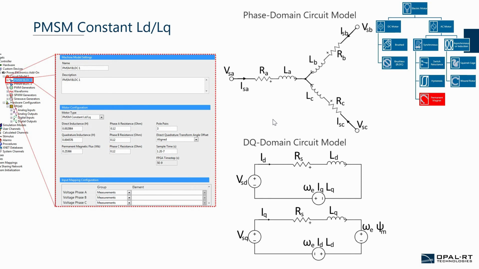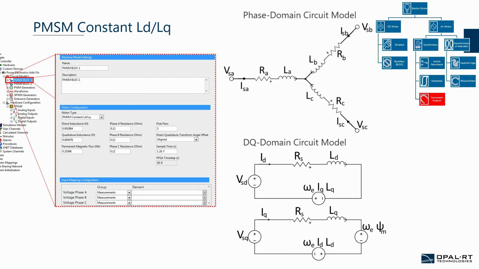For inductances, it's necessary to look at the DQ domain circuit model. We won't be going into explaining the DQ transform, but in general, the DQ domain model is an equivalent model that looks at how to represent signals and electrical components in a way that is synchronized to the position of the machine.